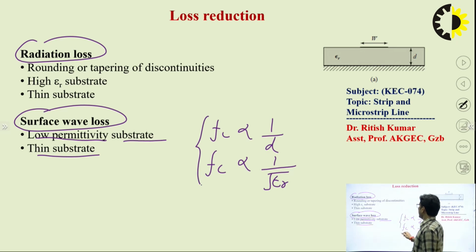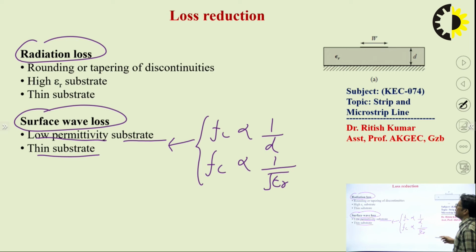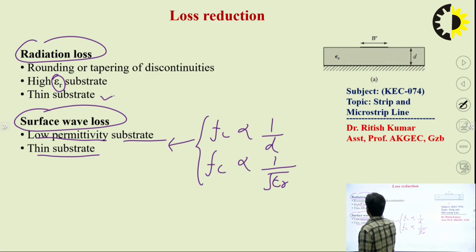From these two points we can say the surface wave loss can be minimized. Secondly, the radiation loss: the fringing field can be minimized by taking a high dielectric constant substrate, and a thin substrate as well.